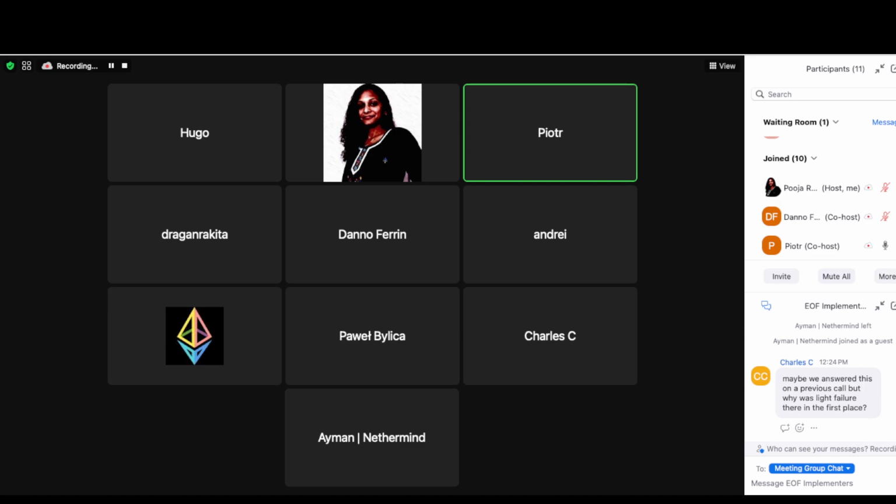I don't remember whether we have answered this or not. If the question is why there is this call stack limit as a light failure, I don't think there's a good answer to this. It mostly comes from one of the first implementations of the EVM, and someone put it in the place where it was just working like this.